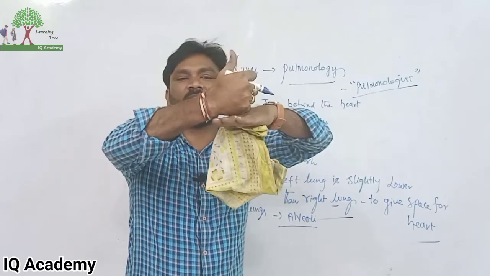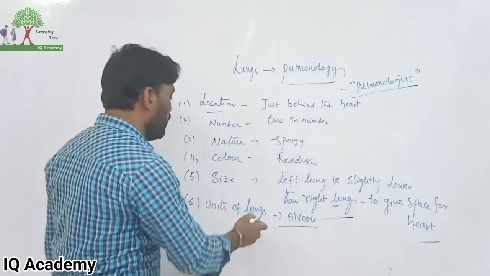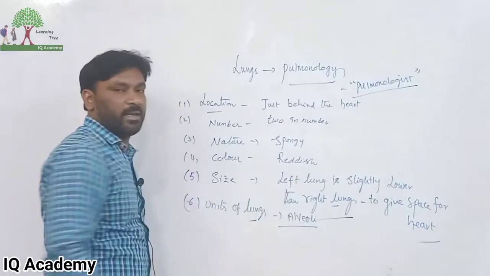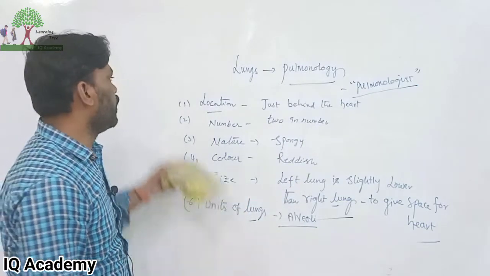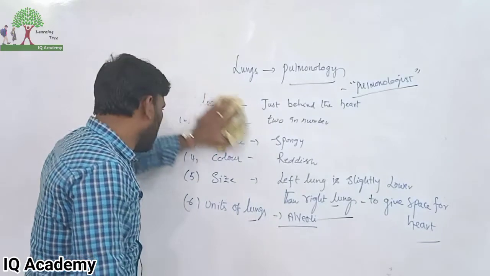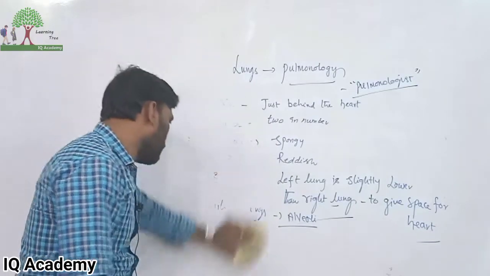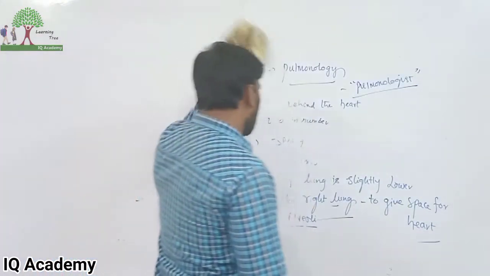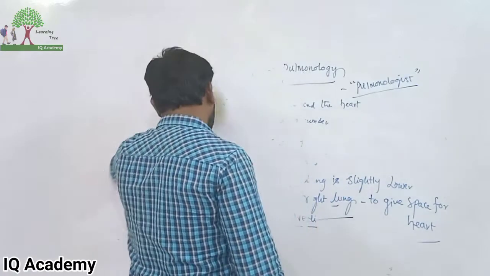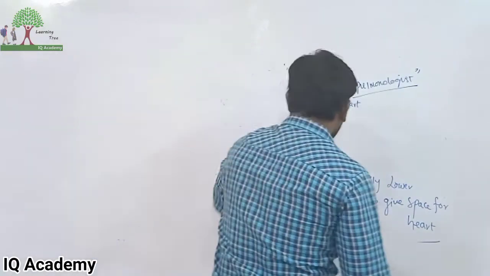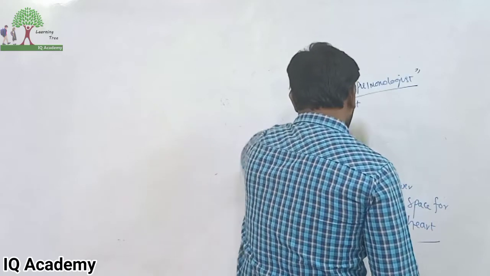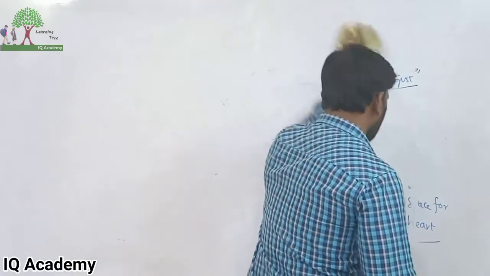And the units of lungs are alveoli. Now, what are the parts of the respiratory system and how does the exchange of gases take place? Today we will discuss this.